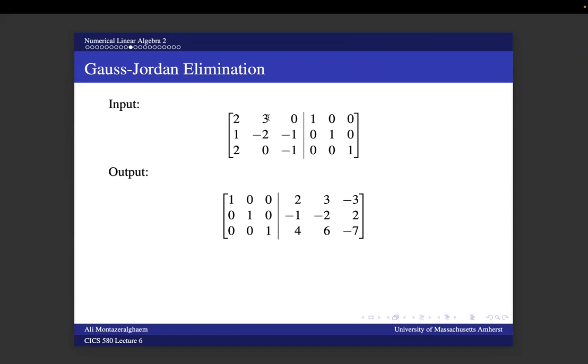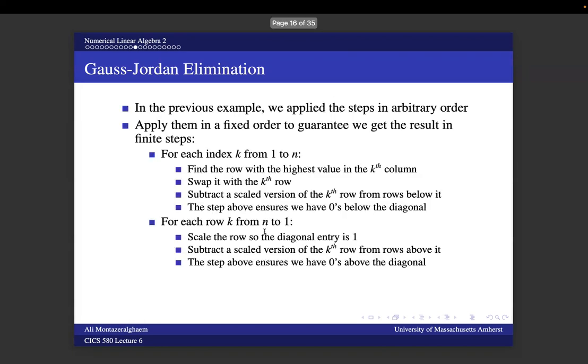For example, here we want to change 3 to 0, and 0 to 0, and minus 1 to 0. And also we want to have 1 on the diagonal in the left side. So let's see how we can do that with Gauss-Jordan elimination.